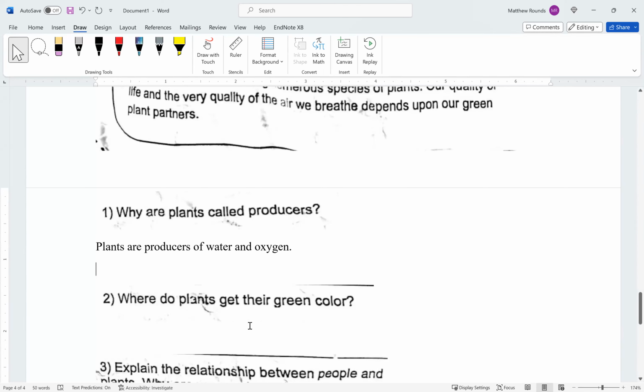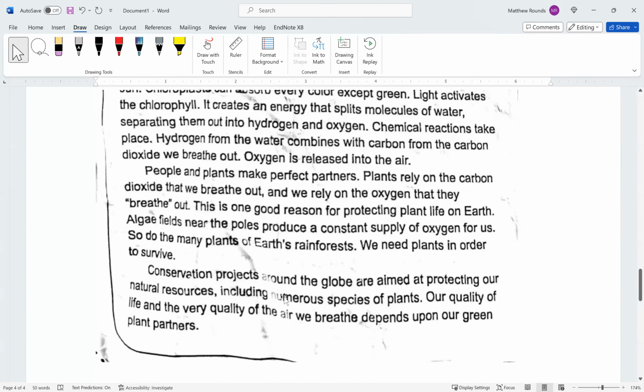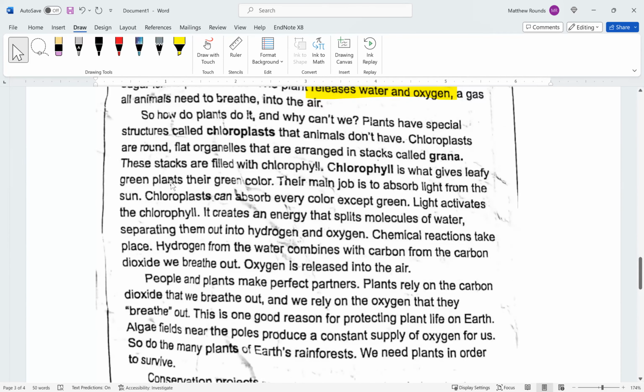Where do plants get their green color? All right. So that answer is in this middle paragraph here. I want you to take a look at this middle paragraph and see where it talks about the color green. I see it. Okay.